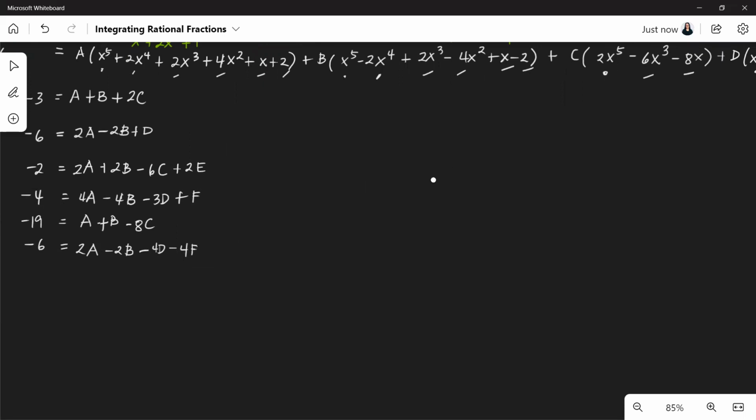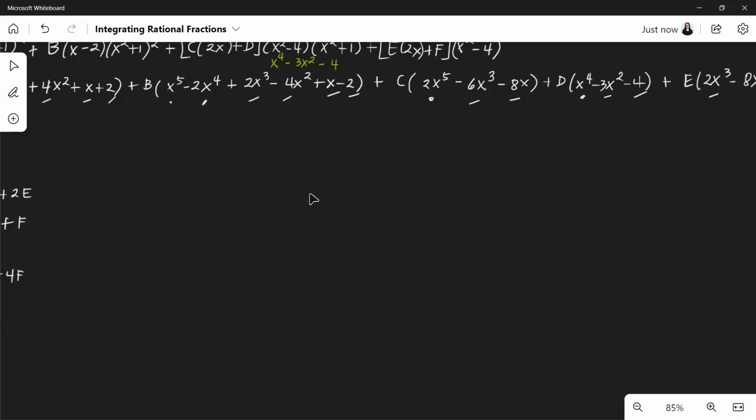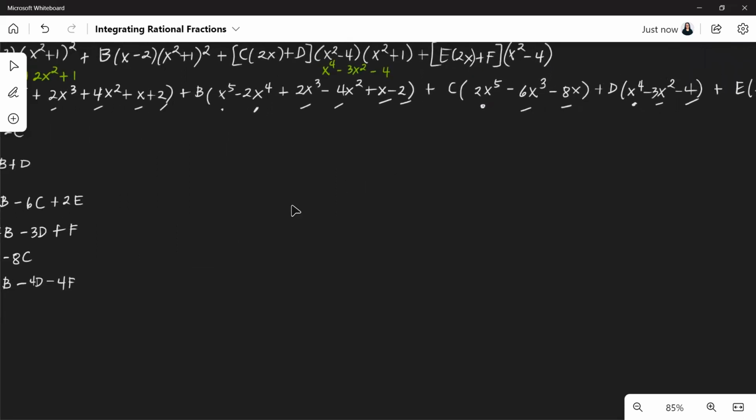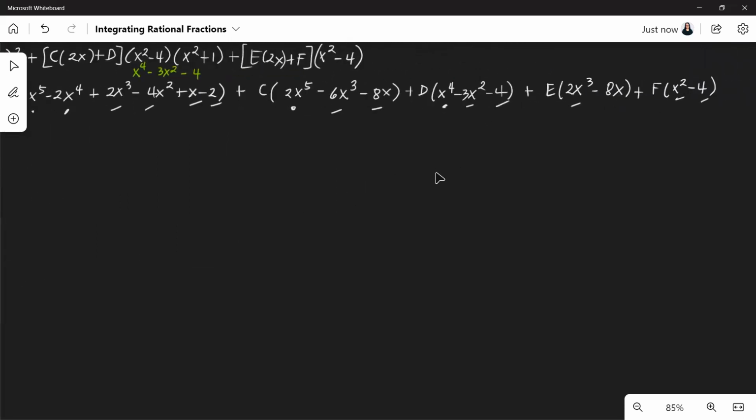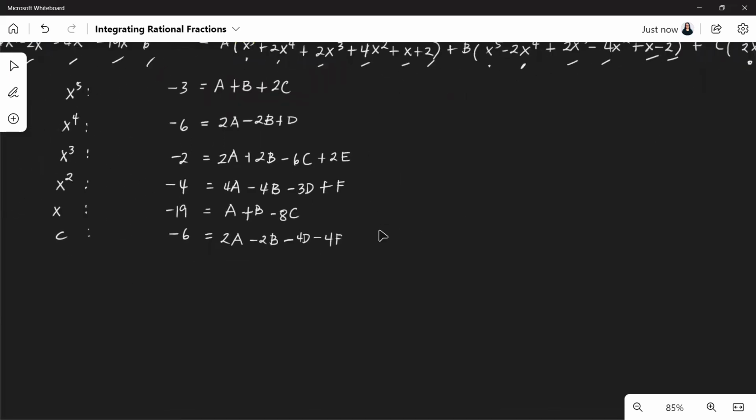So that's why it's very important to put a mark, so that we'll know which of the terms we missed. So like for this one, there's no minus 8ex. So you need to include that for the x term. So minus 8e.